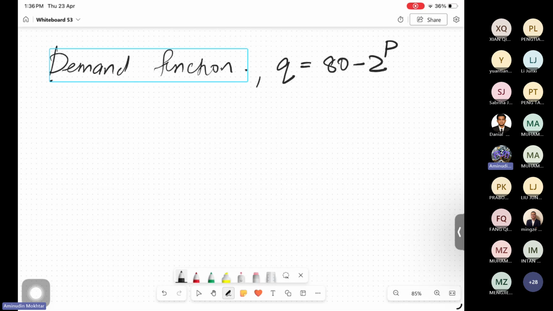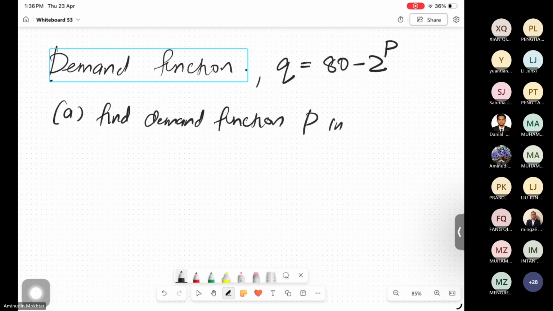So the question is to find the demand function P in terms of Q. P equals what, in terms of Q?